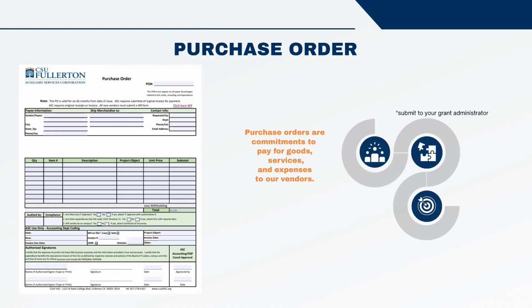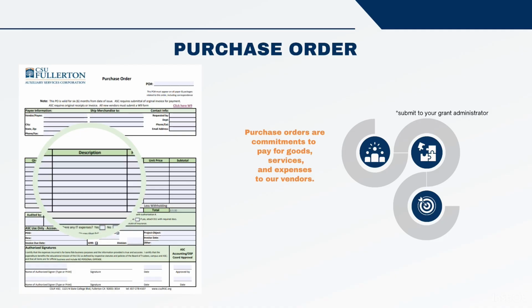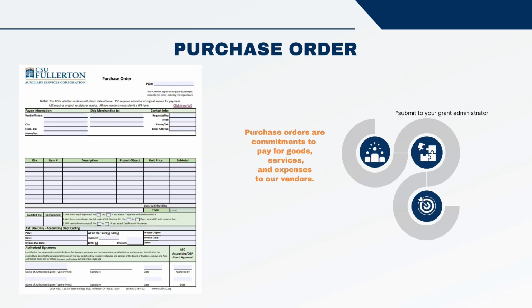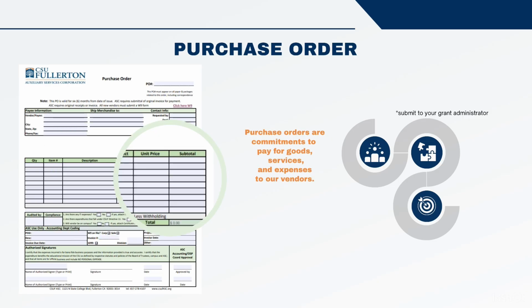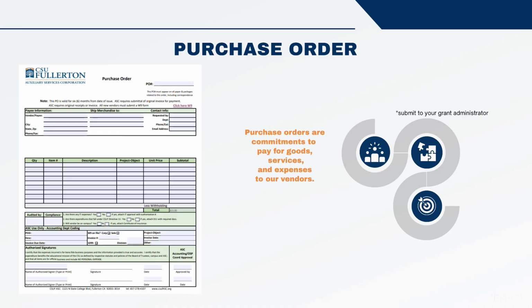For the second portion of the form, please complete the description. This will be the description of the goods or service being purchased, and it should be complete. Provide quotes or supporting documents. Make sure the ASC project number is listed and currently active.